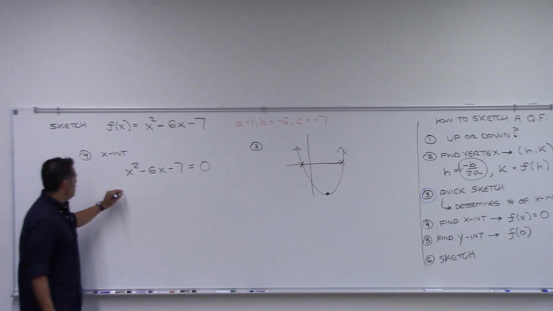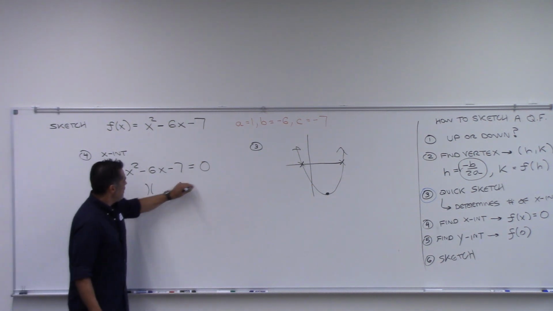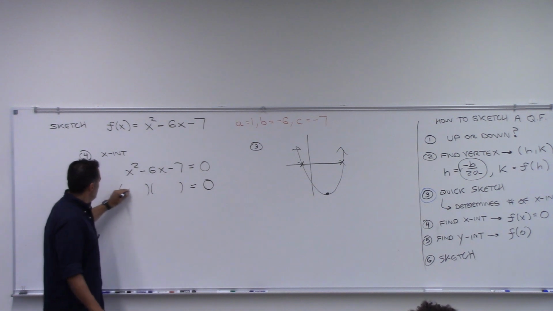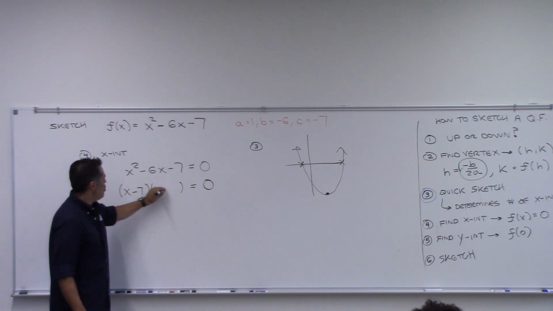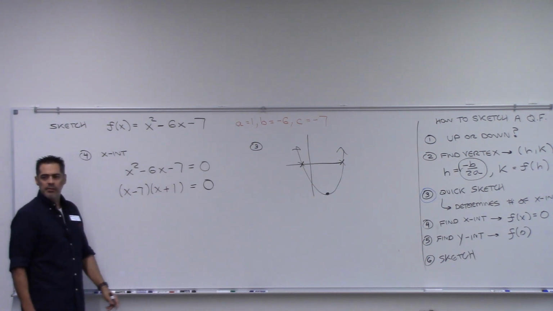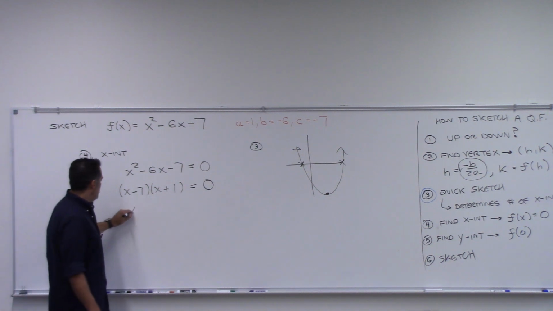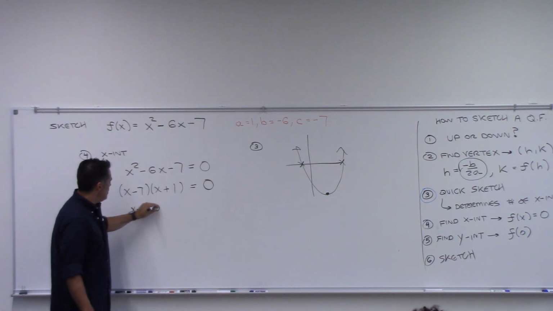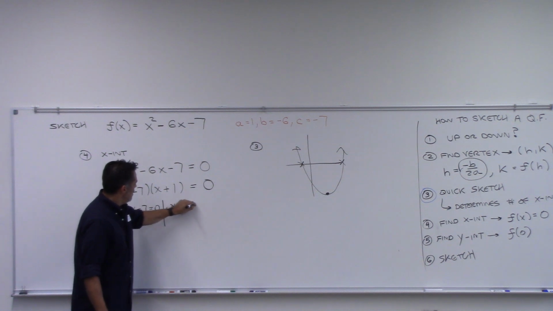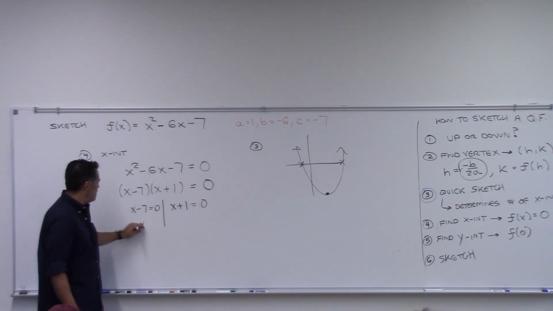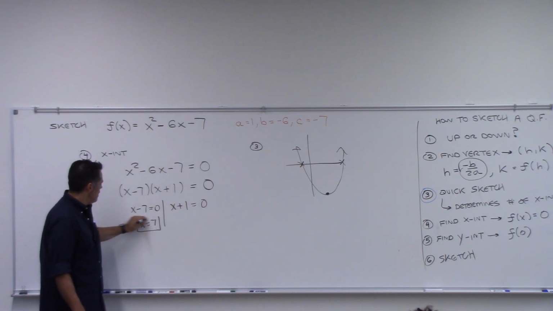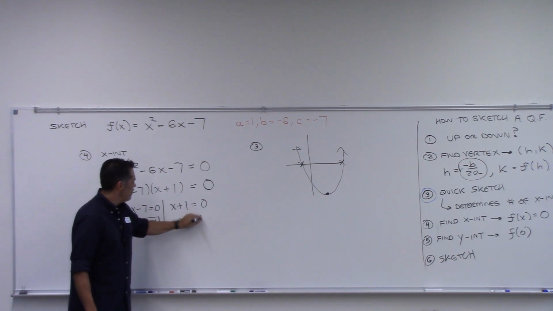Right? This does factor. Minus 7 plus 1. Do we agree? And that gives me, set those 2 equal to 0. And we get our 2 solutions. X is positive 7 and x is negative 1.